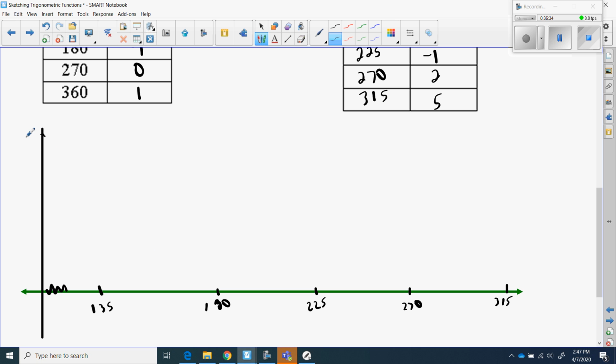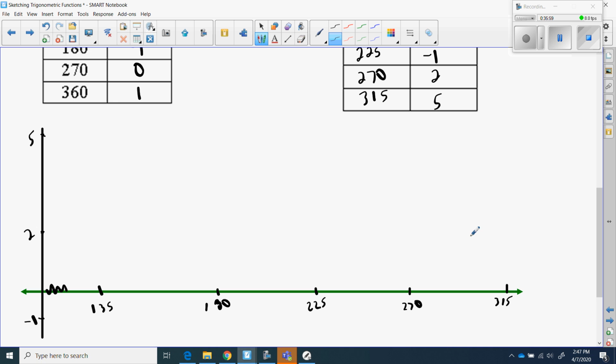So you got 5. The lower number, I think, was -1. So I'll just put that there. And then 2 would be roughly in here. Again, you don't have to worry about scaling this perfectly, but the distance from here to here should be about the same as from there to there.